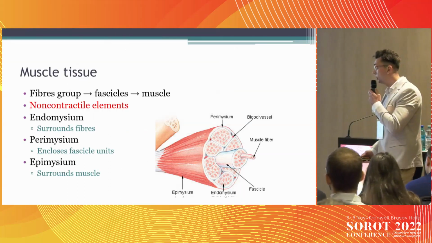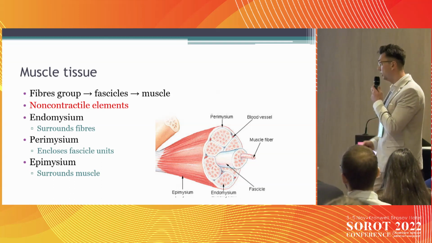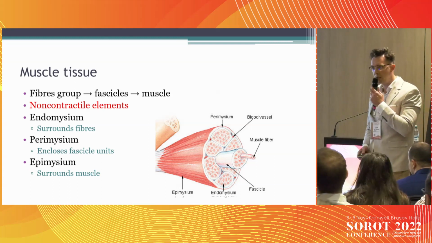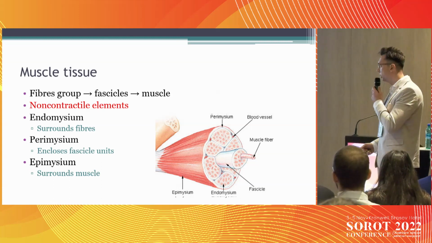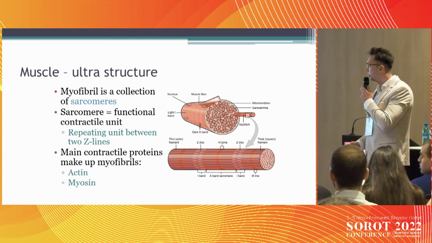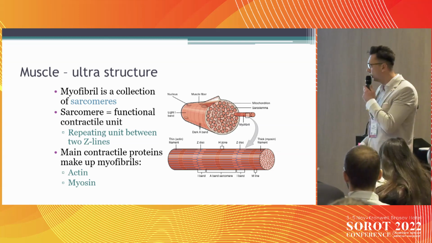Muscles are surrounded by sheaths. For example, endomysium surrounds the fibers, perimysium surrounds the fascicles, and epimysium surrounds the muscles. The main functional unit of the muscle is the sarcomere.